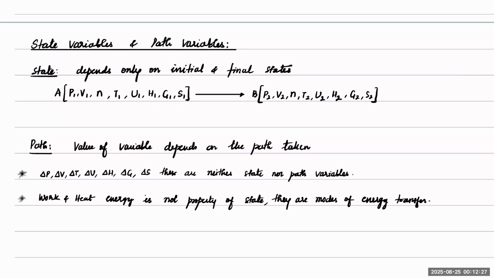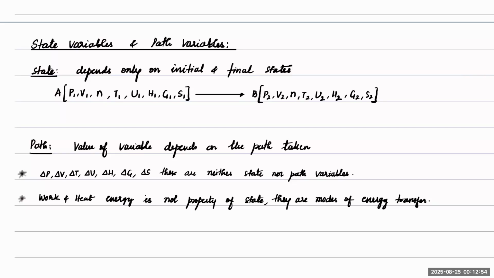Correct. But specifically, we are emphasizing more on the path variable, right? So if you think in terms of path variable, both of them are path variables, correct? Imagine if both being path variables, do they have anything in common? Now, first common thing, both of these are going to appear only at the boundaries. They are not a part of the system. It is only going to appear at the boundaries.